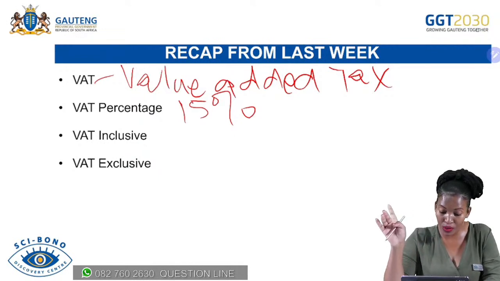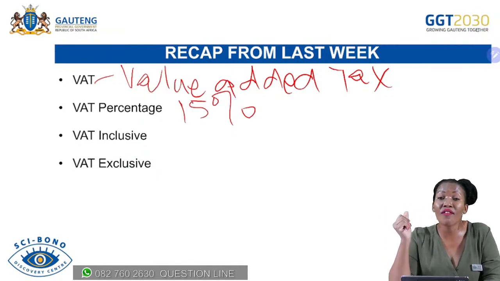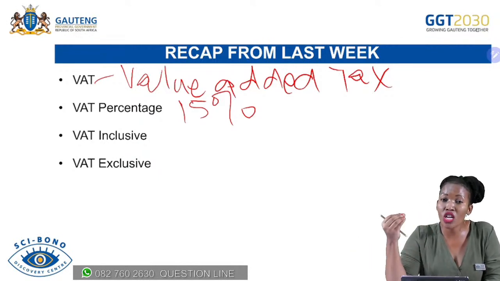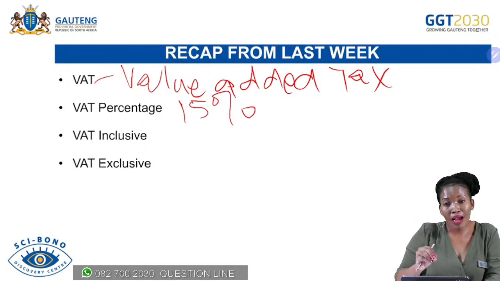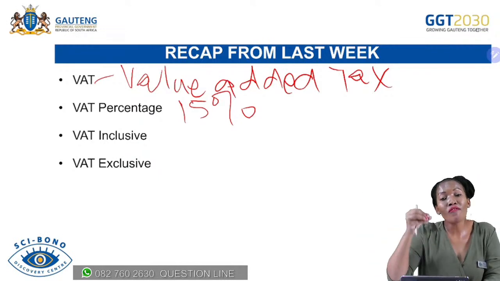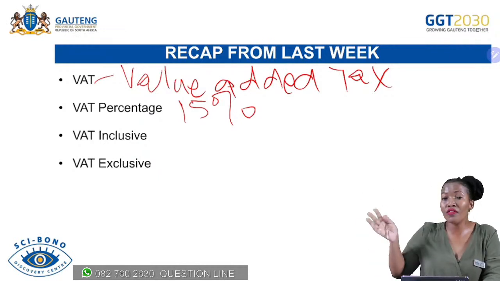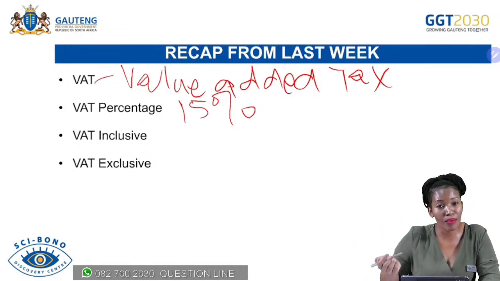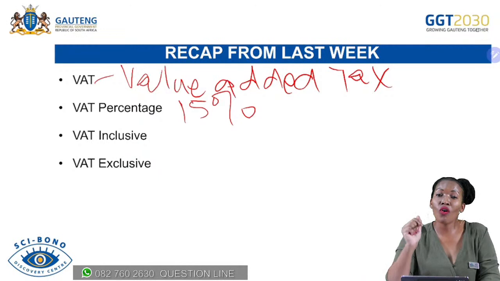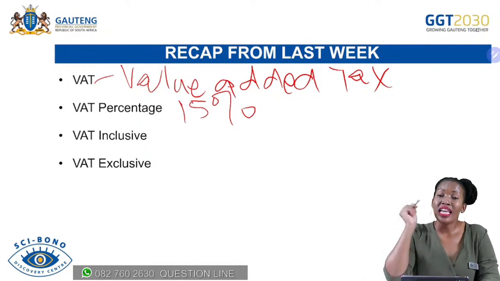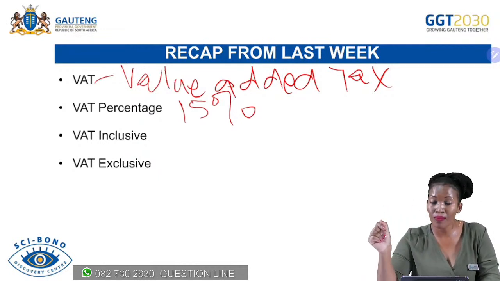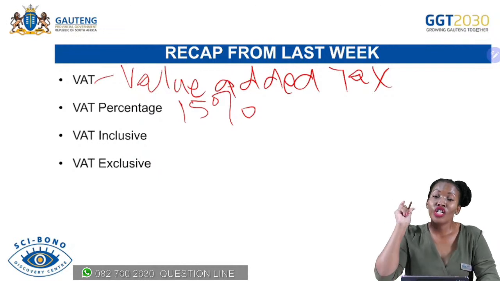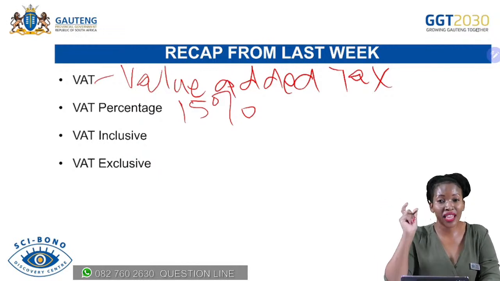Do not be confused. And we also spoke about the VAT inclusive. When you say the amount is VAT inclusive, it is the original amount plus the VAT of 15%. So if you go to the shops and you want to buy a pair of jeans, maybe at Mr Price, the price that you see there on the shelf, when they say the jean is 190 rands, that 190 is already inclusive of the VAT.